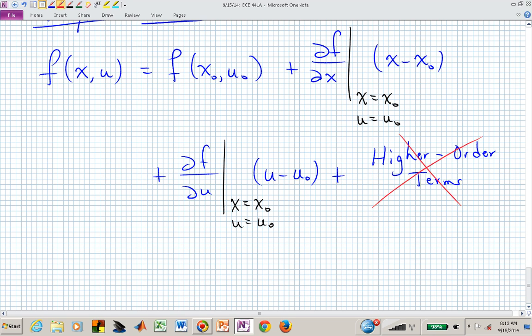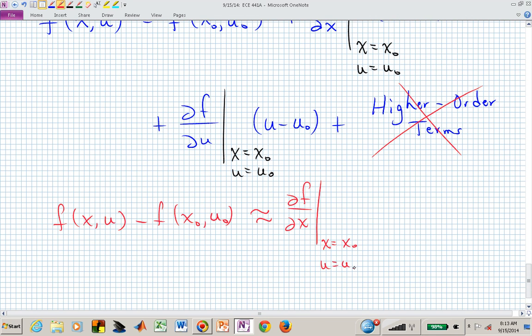If we subtract that from both sides, and by throwing away those higher order terms, we end up with f of x u minus f of x naught u naught approximately equal to the partial of f with respect to x evaluated at its operating location, x minus x naught, plus partial of f with respect to u, and that will be our linearization of this nonlinear behavior.